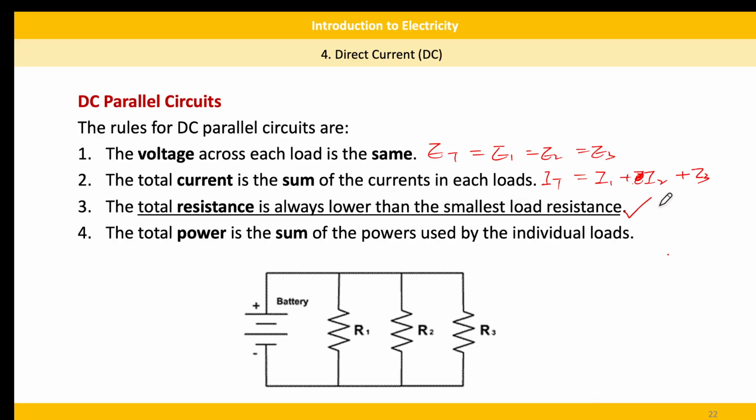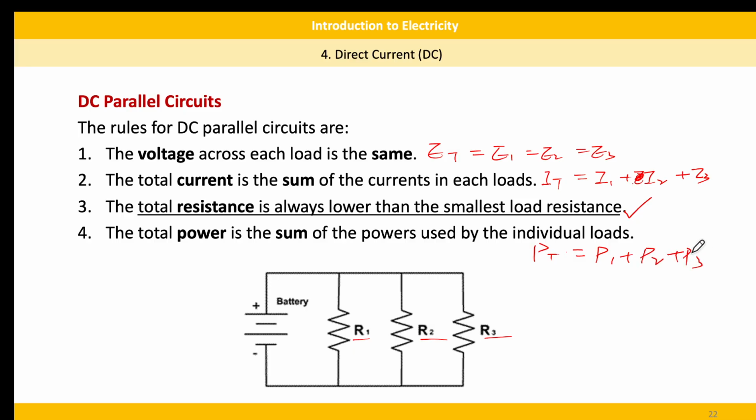What does that mean? I will show later. It means the total resistance is less than this, less than this, less than this. And total power is the same as series: P1 plus P2 plus P3.